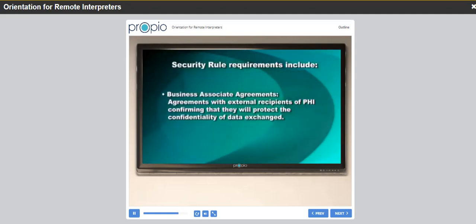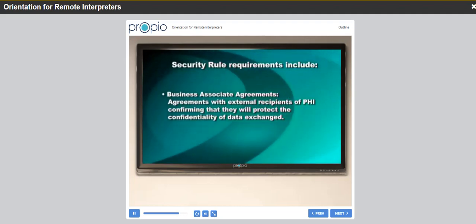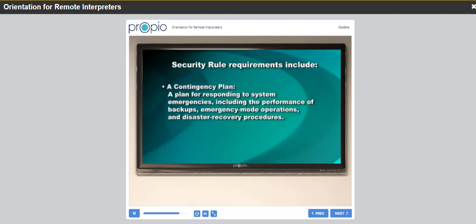Business Associate Agreements: agreements with external recipients of PHI confirming that they will protect the confidentiality of data exchanged. A contingency plan: a plan for responding to system emergencies, including the performance of backups, emergency mode operations, and disaster recovery procedures.